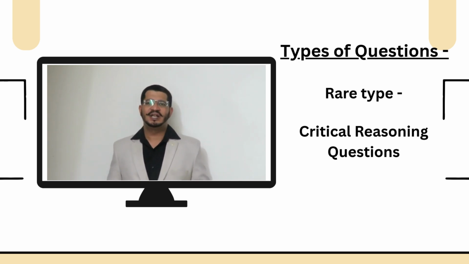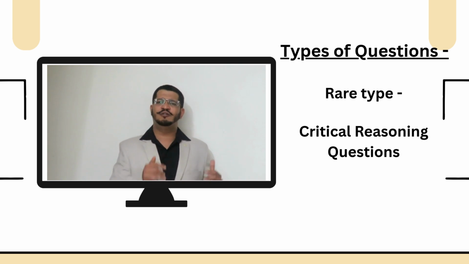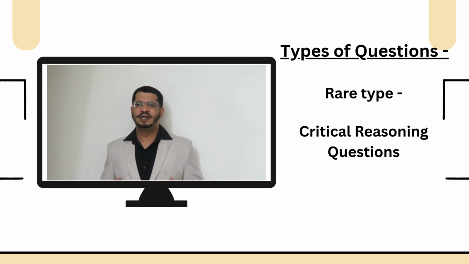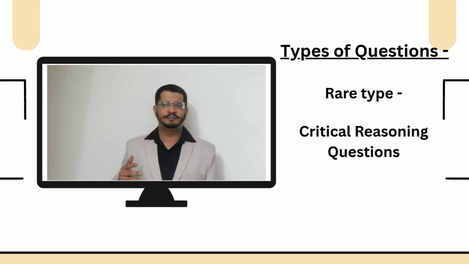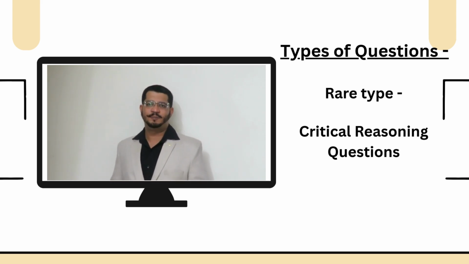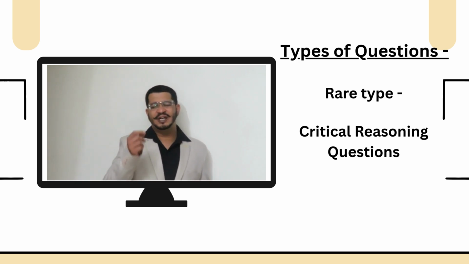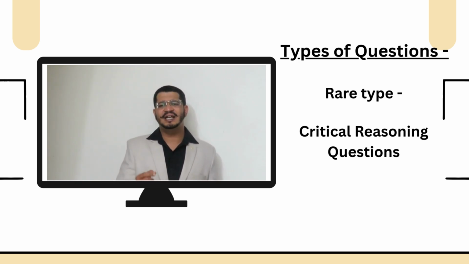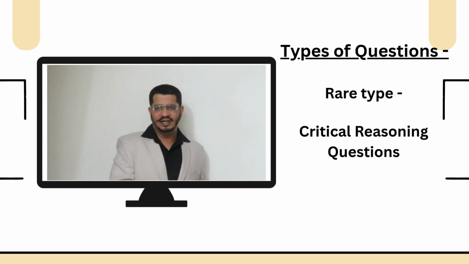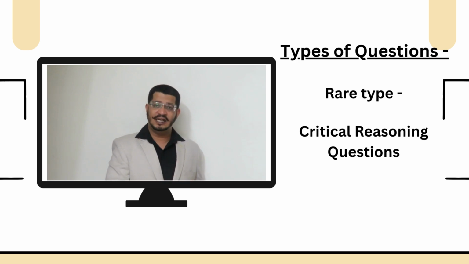There are many types of questions which can fall under the heading of critical reasoning. Therefore, it is not practical to deal with all of those types in this video, which is solely dedicated to the CLAT exam. Another reason is that this is a very rare type of question in the CLAT exam itself, but it is somewhat common in other law entrance exams, especially the AILET.